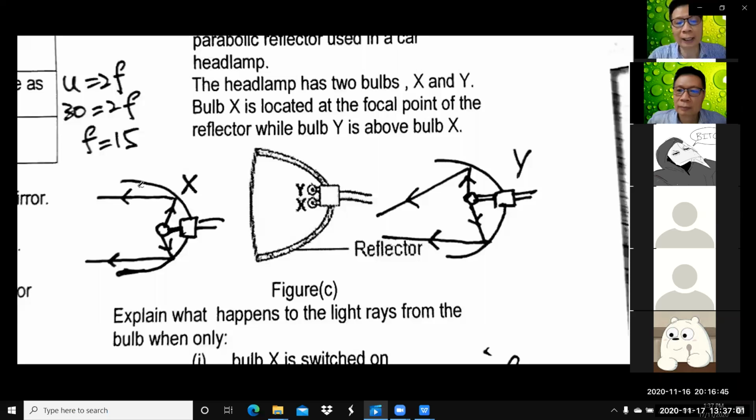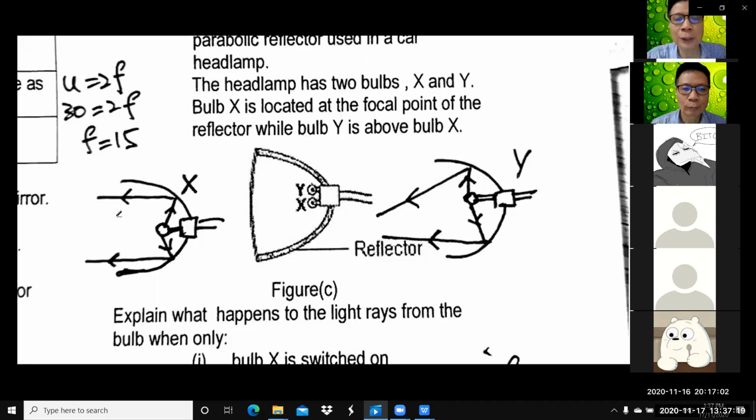Horizontal means the light can travel a long distance, so the car can brighten a very far distance. So this one is the high beam, the high light that can go very far.